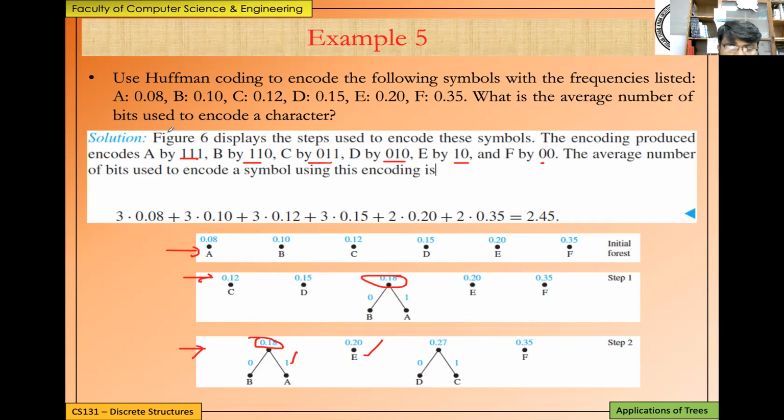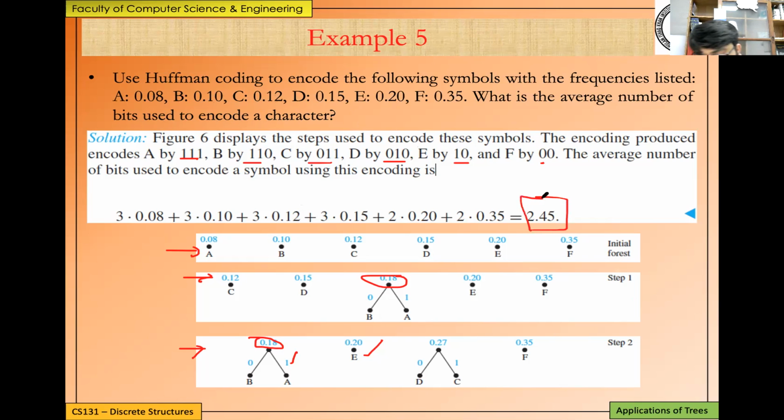Then you require 3 bits for B, so 3 multiplied by 0.1, plus 3 for C, so 3 multiplied by 0.12, and for D you have 3 again, so 3 multiplied by 0.15, plus 2 multiplied by 0.2 for E, and then 2 multiplied by 0.35 as well. So this comes up to be 2.45.